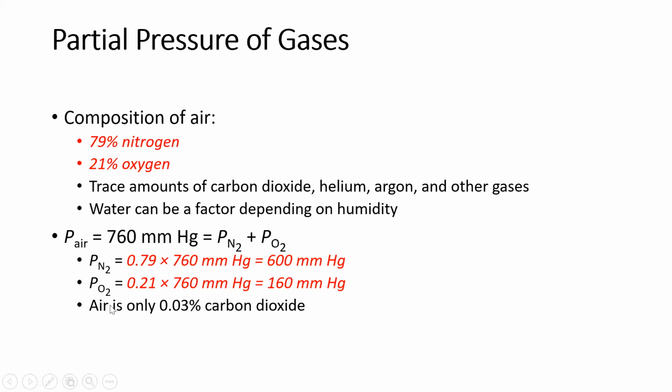Now, carbon dioxide is a small percentage of air, and so it is a very minimal amount. But if we were to calculate this, it would be 0.03% times, again, our 760, and that would be about 21 millimeters of mercury. So very minimal amount that we can ignore altogether.